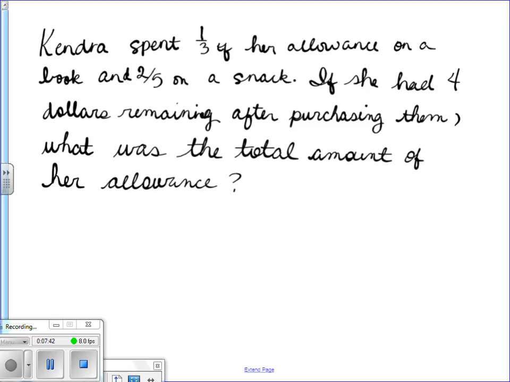Okay. So, we can't figure out how much she spent on the book and the snack because we really don't know how much that stuff was. But we can figure out how much her allowance was. So, is this something that I can just do like 1/3 times 2/5?